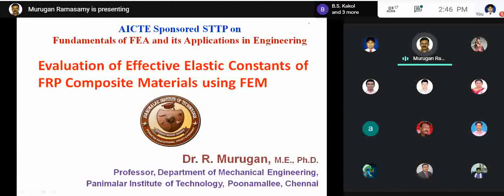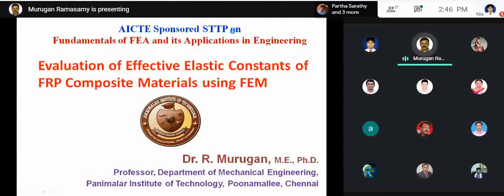So how to evaluate the effective elastic constants of anisotropic material using a non-destructive testing method. That is the aim of this lecture. I will try to cover all these three major fields slowly. And if you have any doubt or clarification, you can interrupt me at any time.